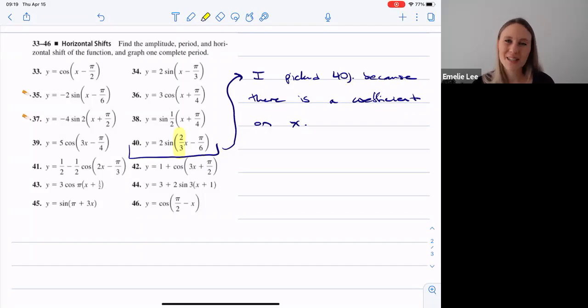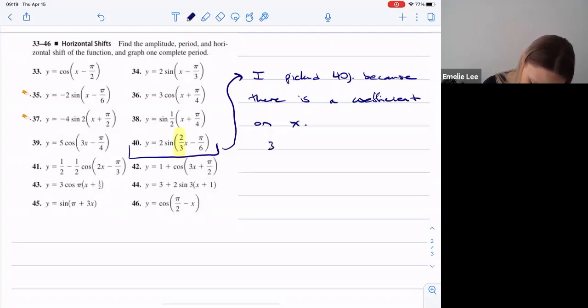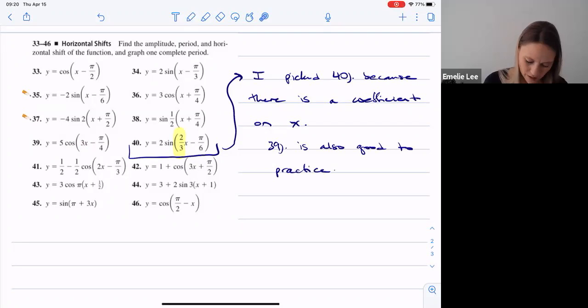Another one we could have picked, right? We could have picked just as well. It looks like this one would make us practice that as well, right? So that's another option, right? Maybe have a look, maybe try 39, right? 39 is also good to practice. You don't need to worry about things like the 1/2 minus the function, right? So you don't have to worry about something like that.